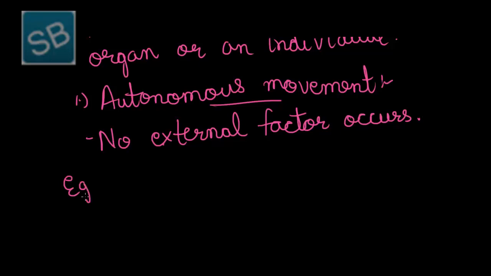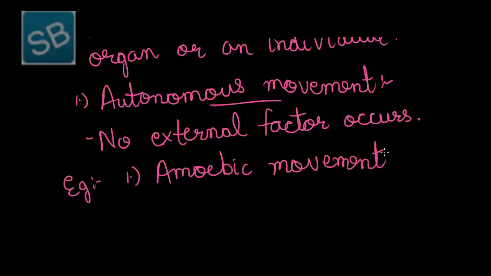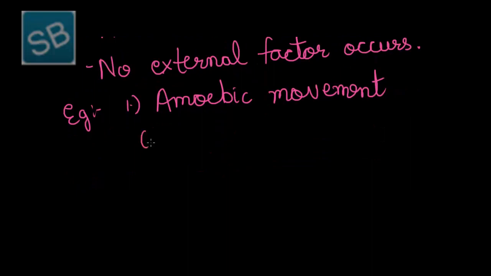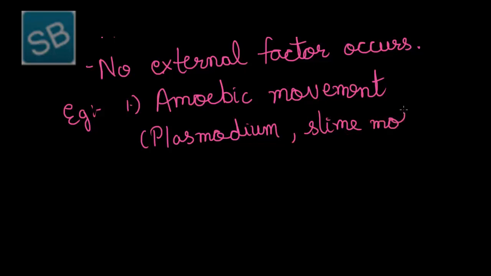Examples for such a type of movement include amoebic movement, that is definitely the movement carried out by amoeba, which also involves plasmodium, or slime molds. That is the movement that is carried out by these organisms.